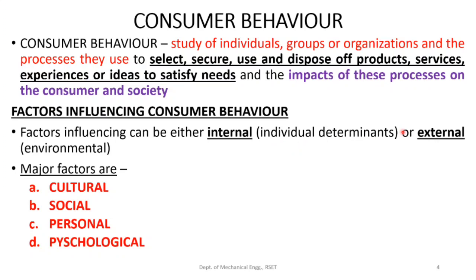They depend upon the person, or vary from person to person. And the second set of factors are external or environmental factors. Now, major factors influencing consumer behavior are divided into four types. They can be cultural, social, personal, and psychological.